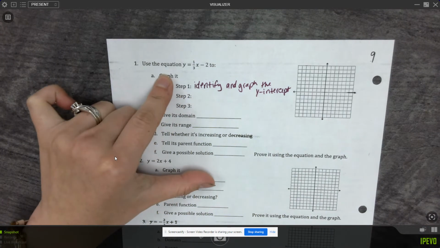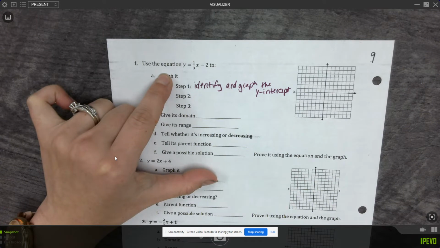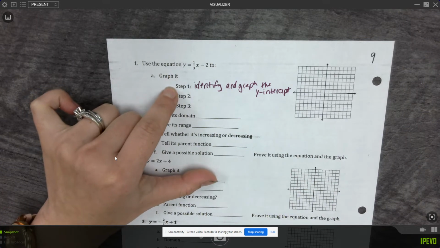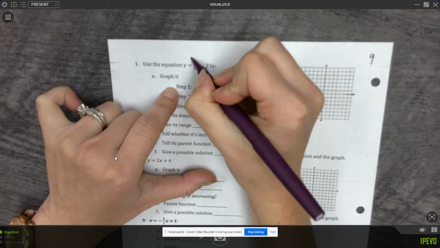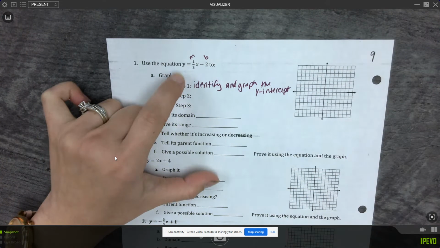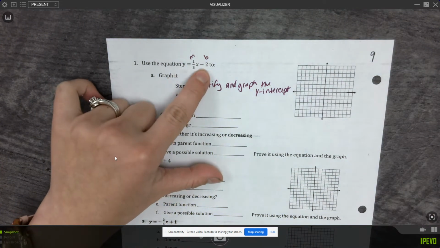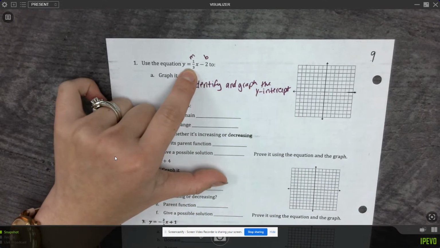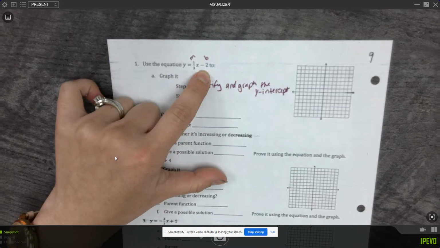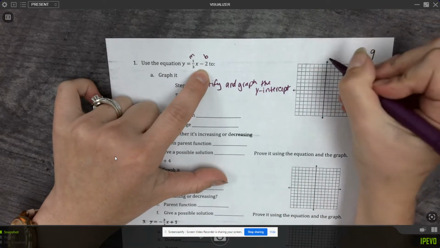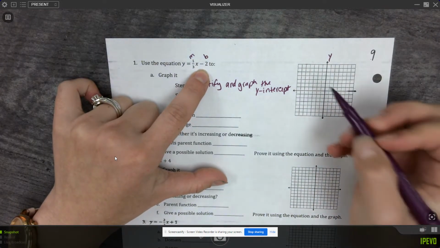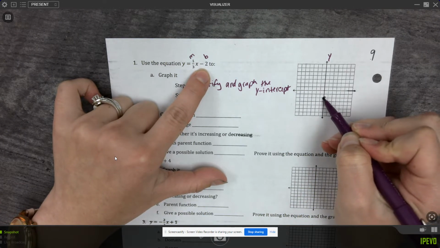Using our equation, y equals 1/3 x minus 2, m is your slope, 1/3, and b is your y-intercept, negative 2. I go on my y-axis to negative 2 and put a dot.